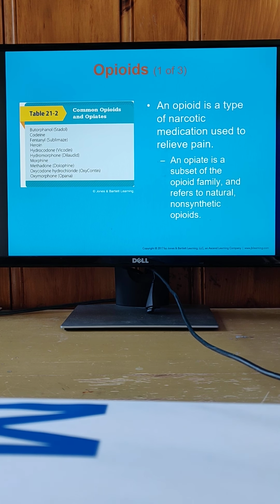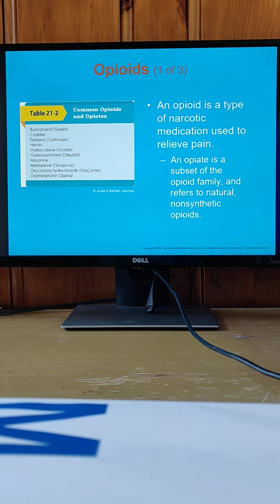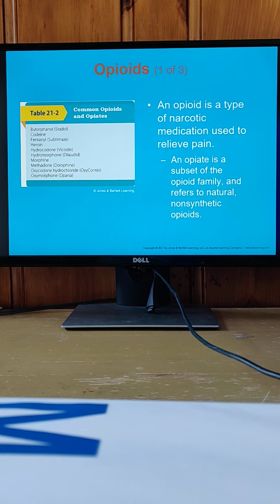Opiates come from poppy seeds, which is where they make codeine and morphine from. Okay? Opiates are natural. Opioids are man-made. But when it comes to making them, they use the poppy seed and they make codeine and morphine with that. Okay? Those are man-made, but they use the poppy seed to do that.